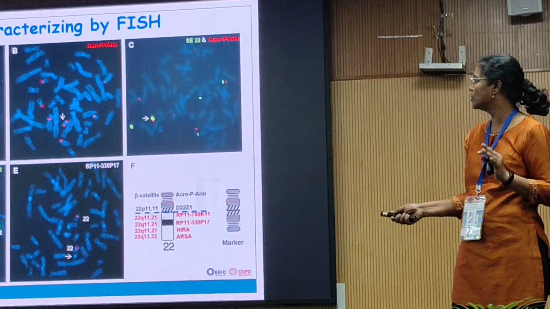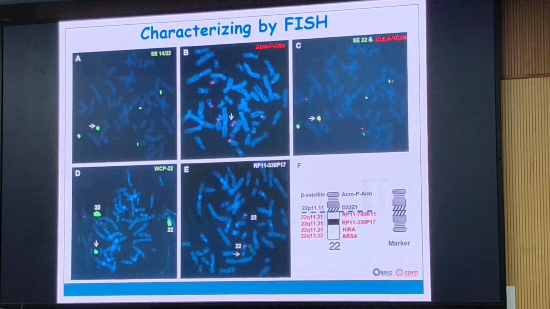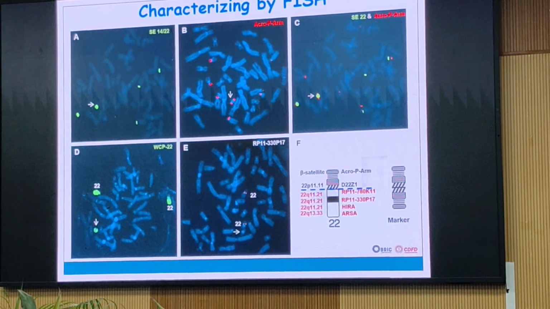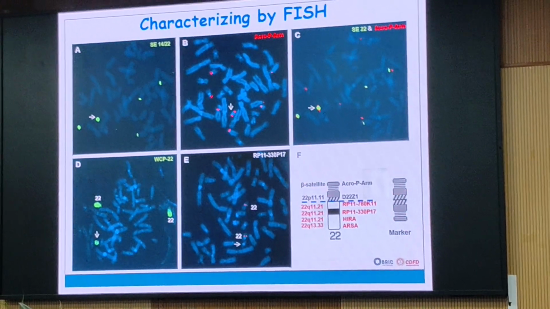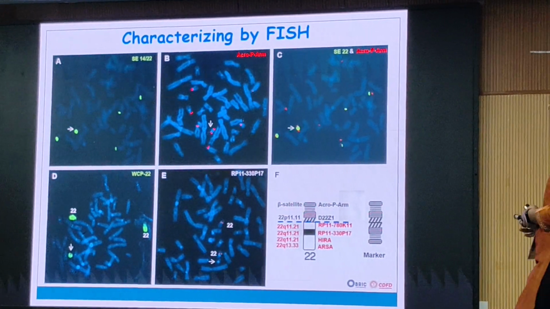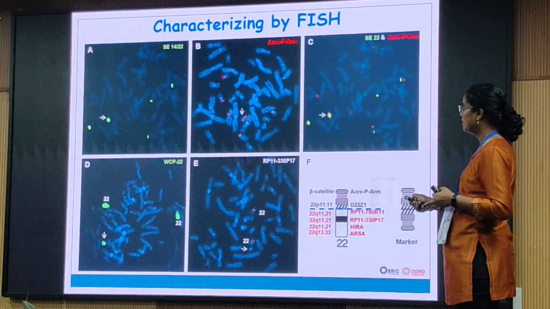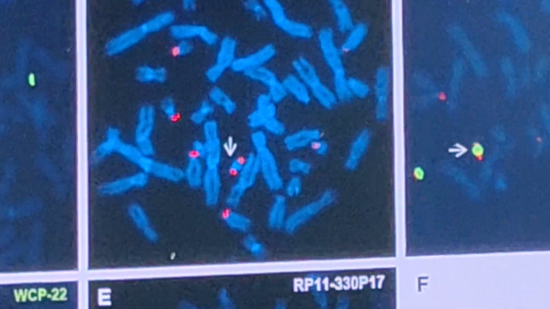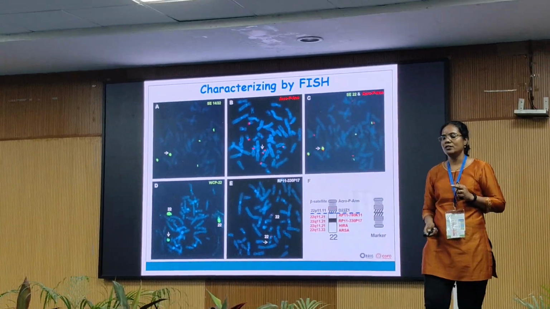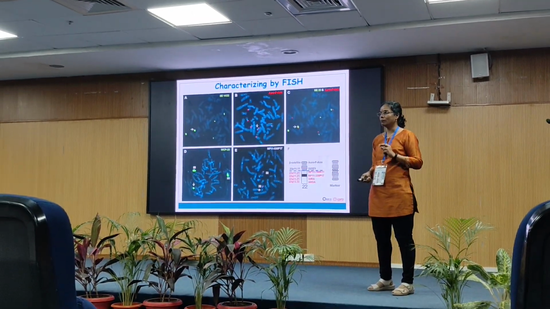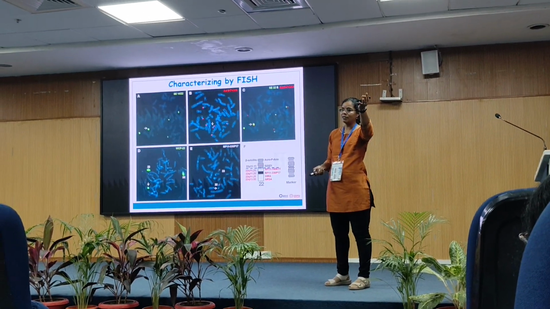Then we have done the acrocentric probe. With acrocentric probes, all the 10 acrocentric chromosomes will show signals. And here you can see this is a marker, with two red signals on both top and bottom. So this is a bisatellited marker chromosome, having satellites on both regions.